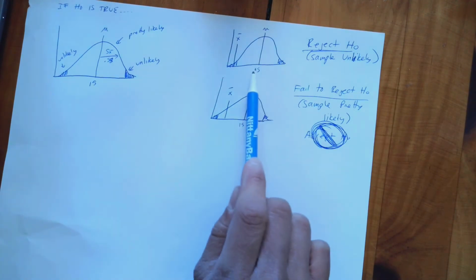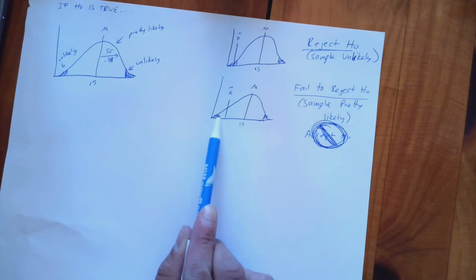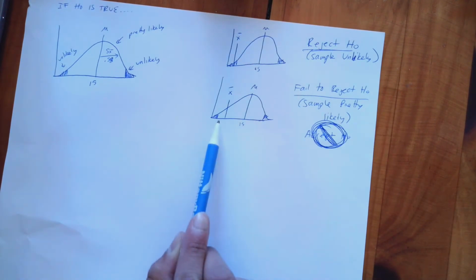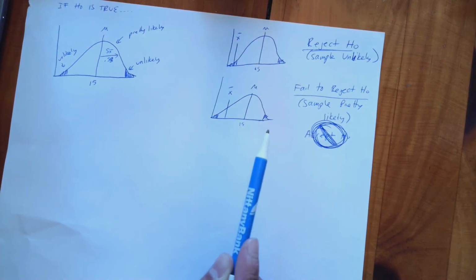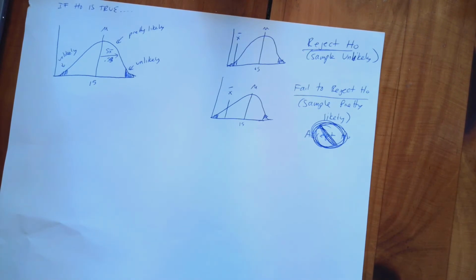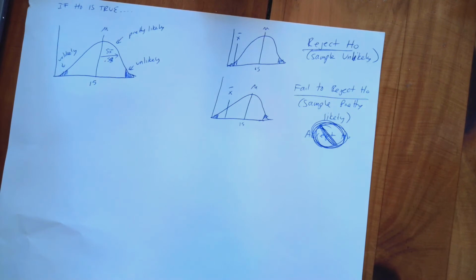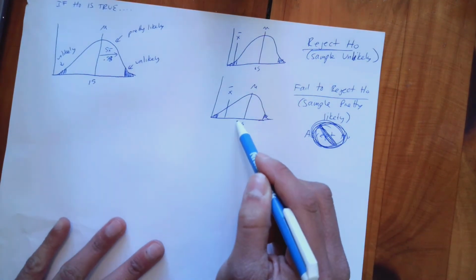So you're rejecting the idea that it's 15. Here, the only thing that we can say is that we don't have any evidence that it's not 15. But we also don't have any evidence that it particularly is 15 either. So this sample mean could come from a lot of different true population means. The only thing that we're saying here is that we don't have any reason to totally throw out the idea that it's 15.